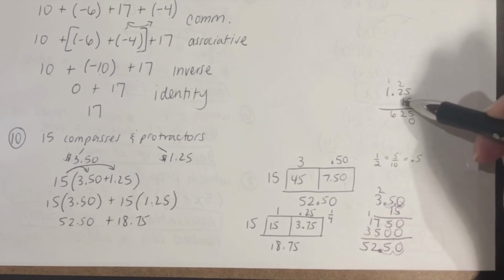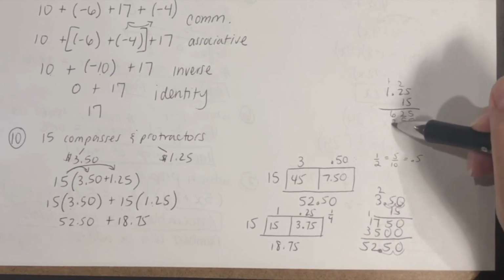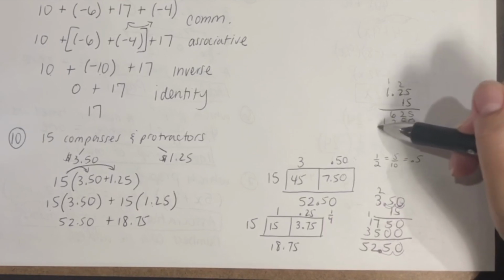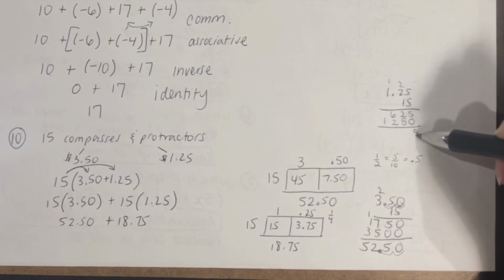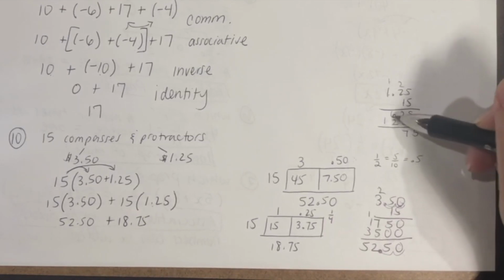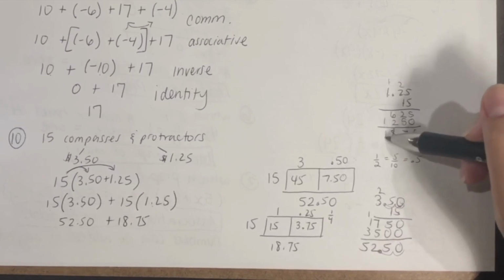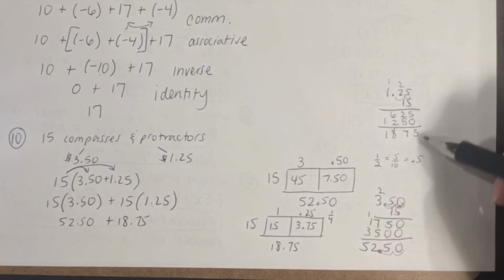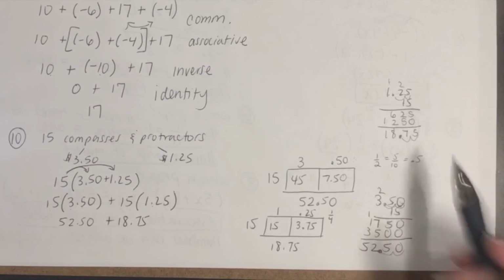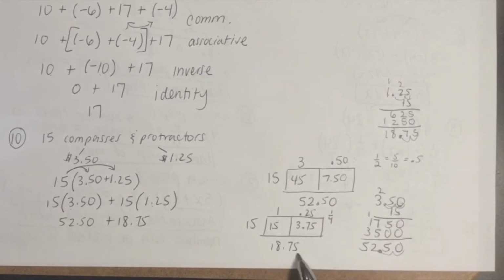Put your 0. 1 times 5 is 5. 1 times 2 is 2. 1 times 1 is 1. 5 plus 0 is 5. 5, 6, 7. 6, 7, 8. And 1. We have 2 decimal places, so 18.75.